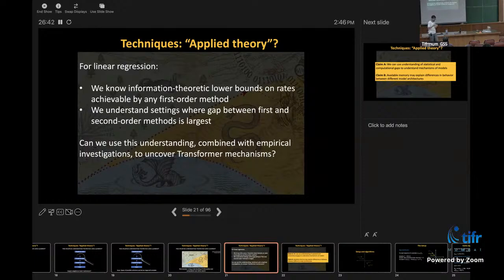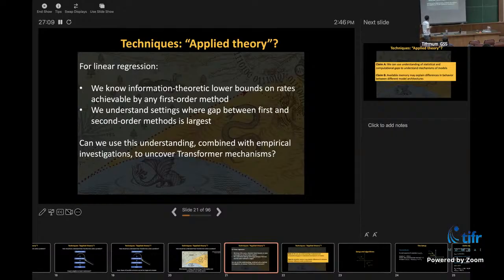It also tells us settings where the gap between first and second order methods is very large. So could we use some of this understanding combined with empirical investigations? I don't think we can just rely on theory. At the end of the day, we do have to do experiments to actually see what is happening. But can we have these experiments be guided by theory to help understand what is happening with these models? That'll be the high level philosophy.